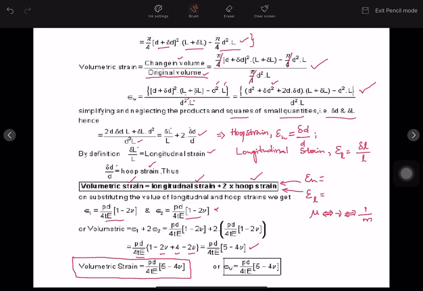And what is volumetric strain again? If you write like this, change in volume by original volume, or this should be delta V, right? Change in volume by original volume.